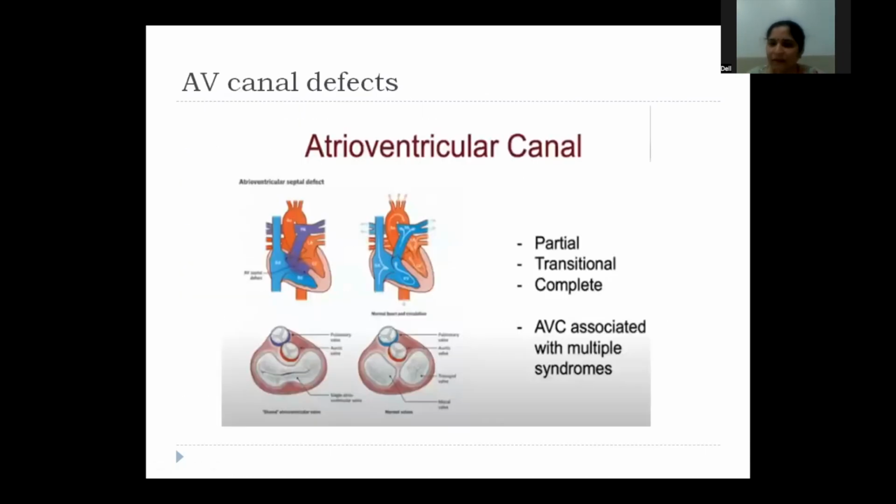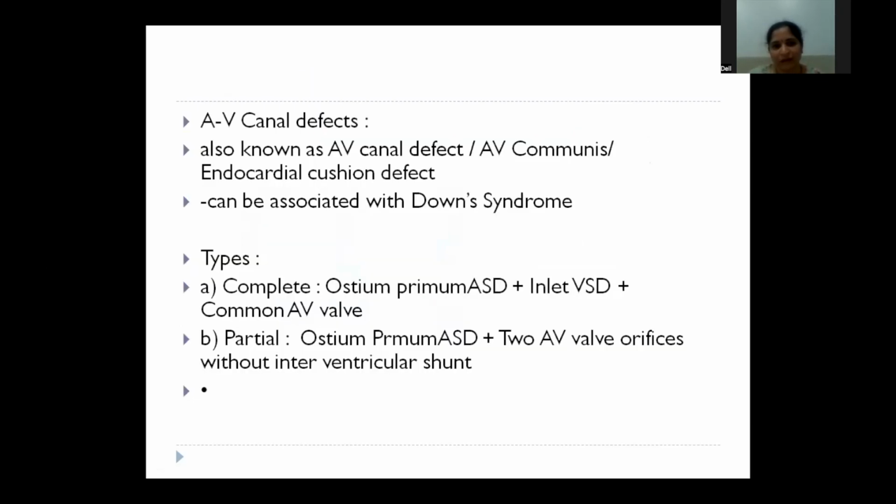AV canal defects: the incidence of AV canal defects is 1 to 2%. These patients generally don't come to the general OT because they have to be treated surgically within 4 months of age, and so we don't come across patients with these diseases for elective surgeries.